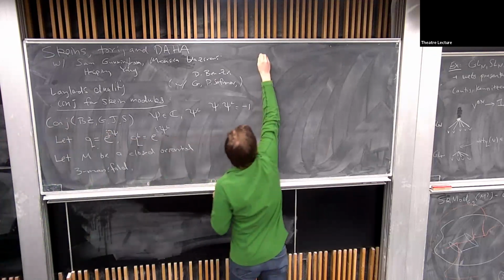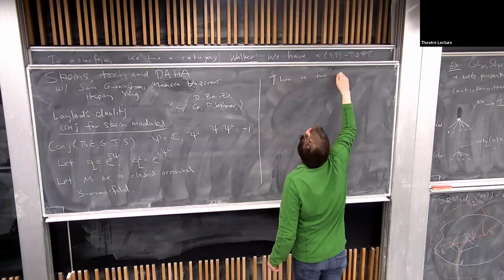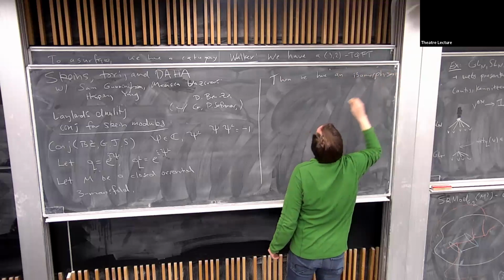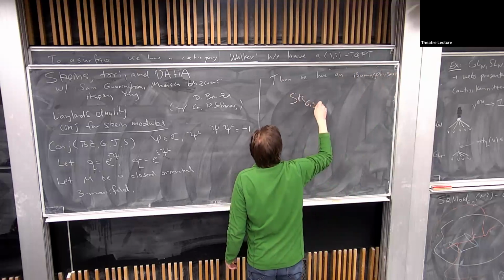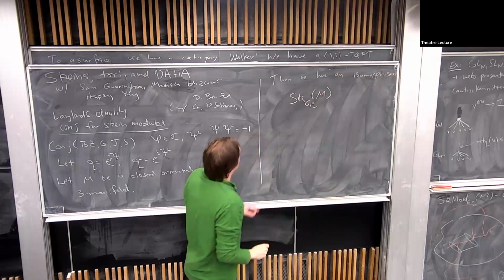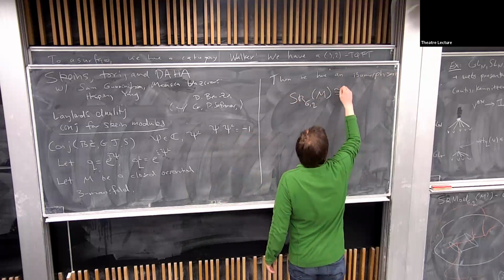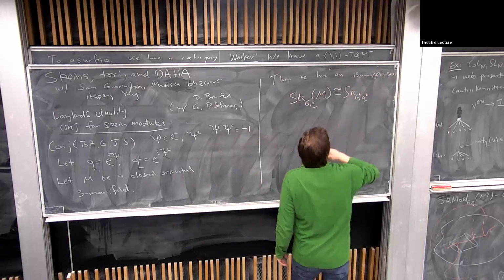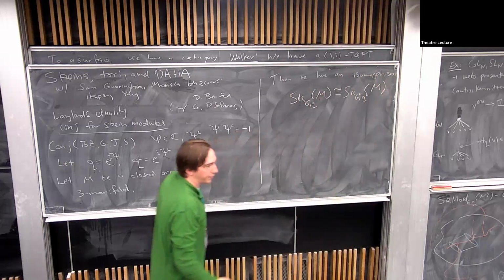Then the conjecture is we have an isomorphism between the Skein module for that closed three manifold and the Skein module for the Langlands dual group at the Langlands dual parameter of that same three manifold.